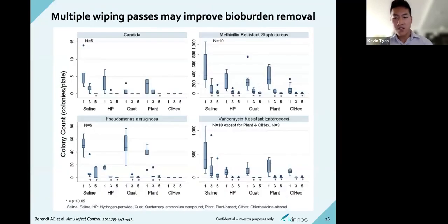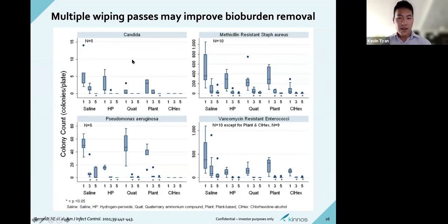There's a really interesting study out of AJIC in 2011 called "3 Swipes and You're Out." And its main hypothesis is whether multiple swipes or wipe passes could affect bioburden removal. And so they actually seeded different plates with different pathogens, including Pseudomonas, Staph aureus or MRSA, and Candida. And they used wipes with different chemistries like hydrogen peroxide, quats, and a saline control.